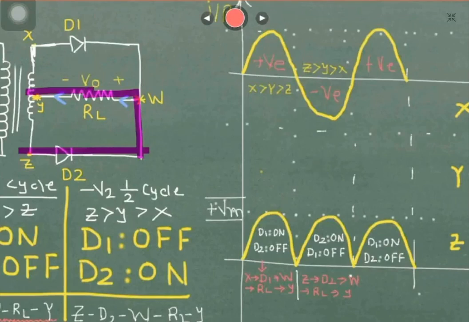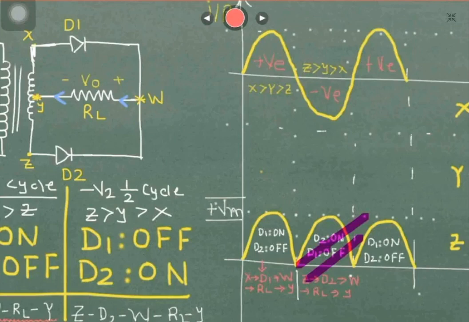So in this manner you can see that during negative half cycle the current flows through an entirely different path, that is Z, D2, W, RL and Y. So we can see that during the negative half cycle also the current through the load will flow from W to Y only. And see in the waveform which we have drawn as shown in figure, the current will flow from point Z to D2 to W to get the positive half cycle.